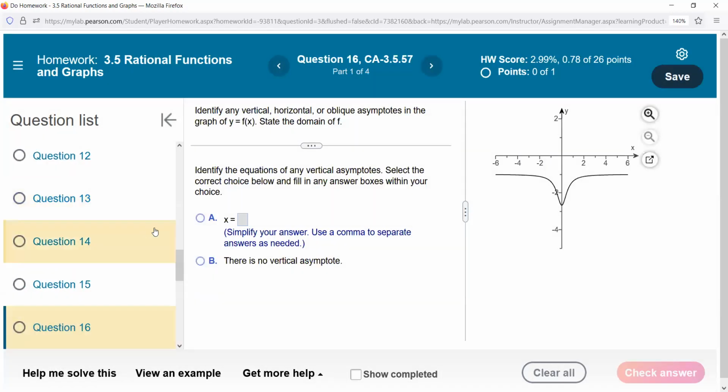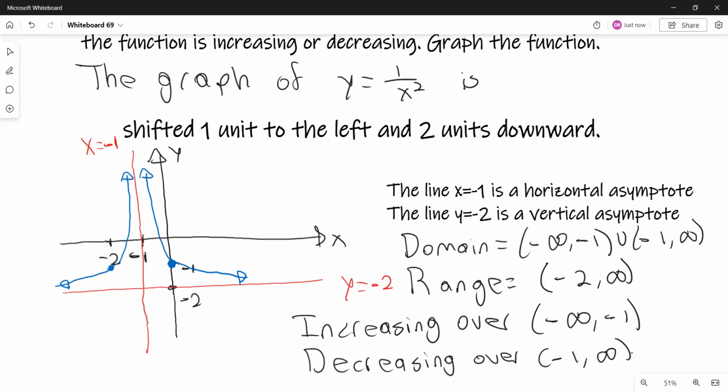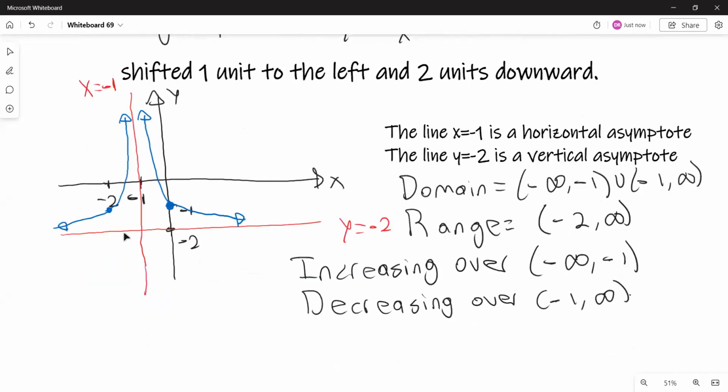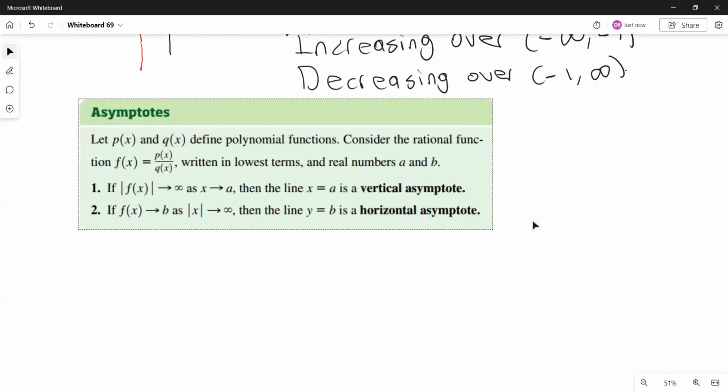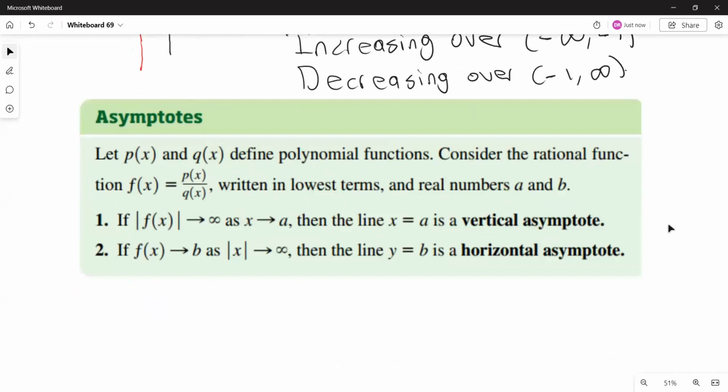Okay, so I'm going to do the last part today about asymptotes. This is on page 365. So that's on page 365.